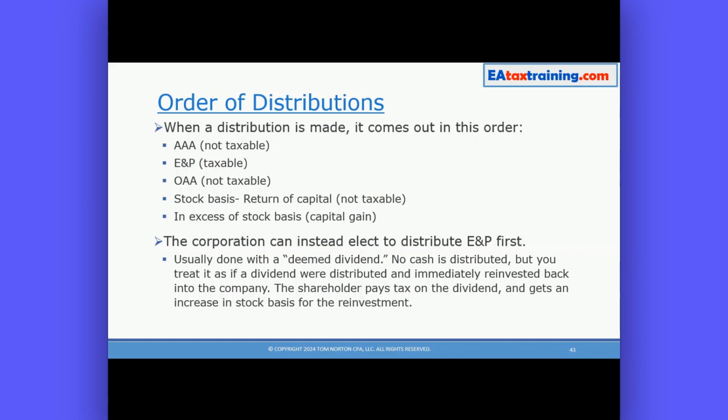Now they've got $20,000 of basis, so they can take $20,000 of that $30,000 loss to offset the dividend. So they end up with zero taxable income from those earnings and profits, because the $20,000 dividend that they would have to pay tax on is offset by the $20,000 of the loss that is going to flow through from the S corporation. So that is why you would do a deemed dividend.